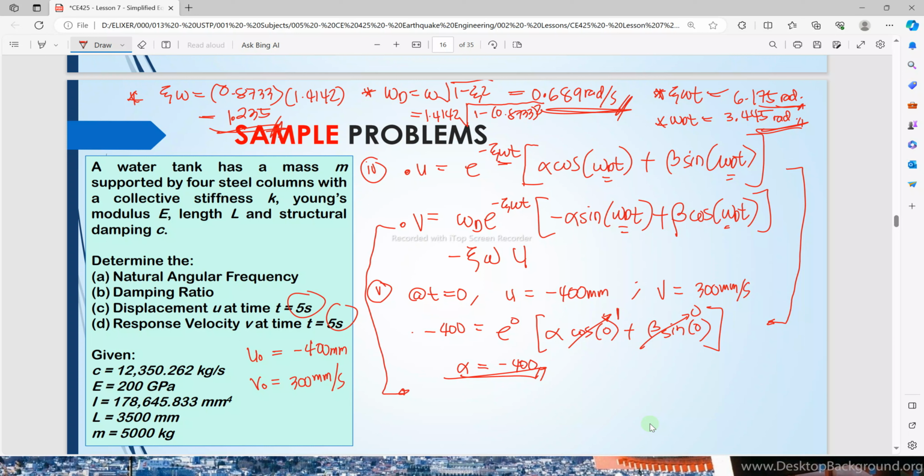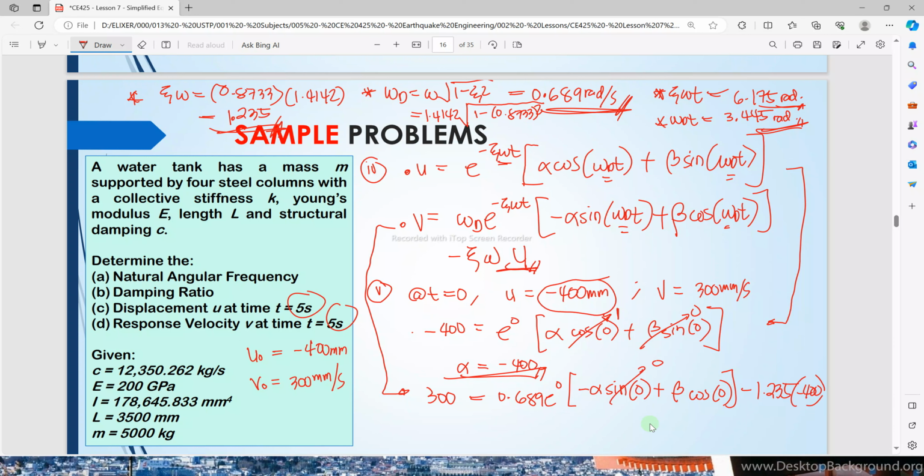So at t equal to 0, our velocity is 300 millimeters per second, times our omega d, which is equal to 0.689 times e to the 0 times negative alpha sine 0 plus beta cosine 0 minus psi omega, so that is 1.235 u. Our u at time equal to 0 is negative 400. So we have negative 400 times negative 400.